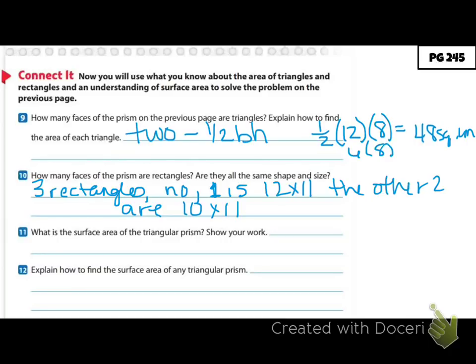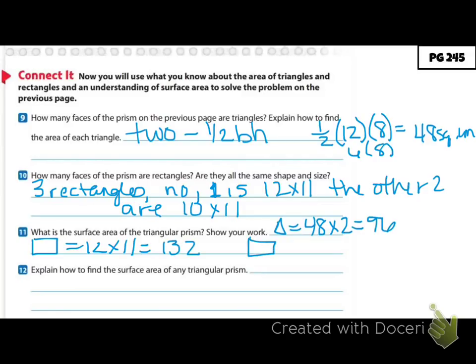Number 11, what is the surface area of the triangular prism? And then show our work. Well, we know that the triangle was 48, but there are 2 of them, so we multiply it by 2. That gives us 96. We know the one rectangle was 12 times 11, which is 132.